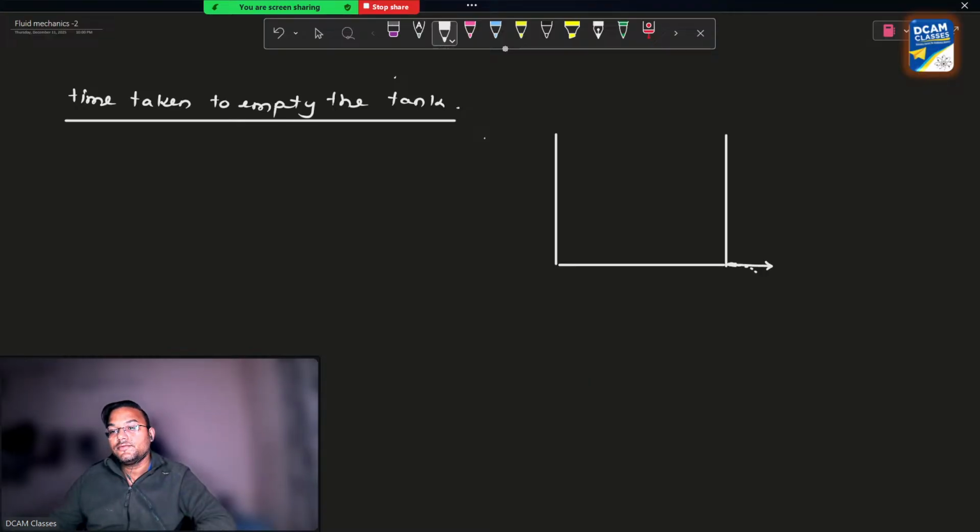So the velocity of fluid coming out of it is v, and initially say it was at a height capital H. Now our task is to find out the time in which this tank will be emptied, right?